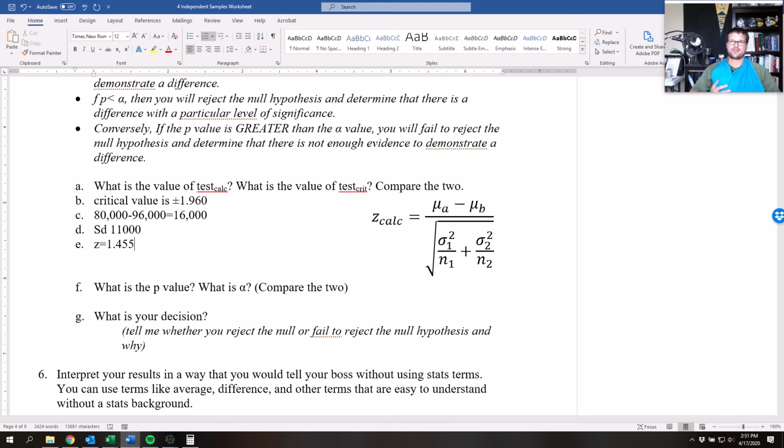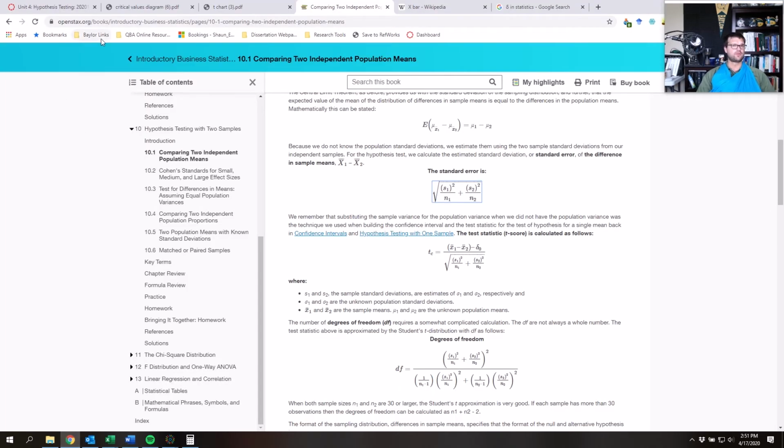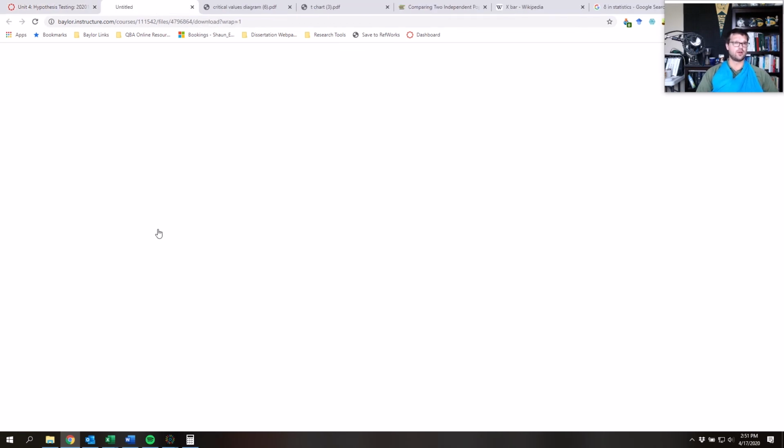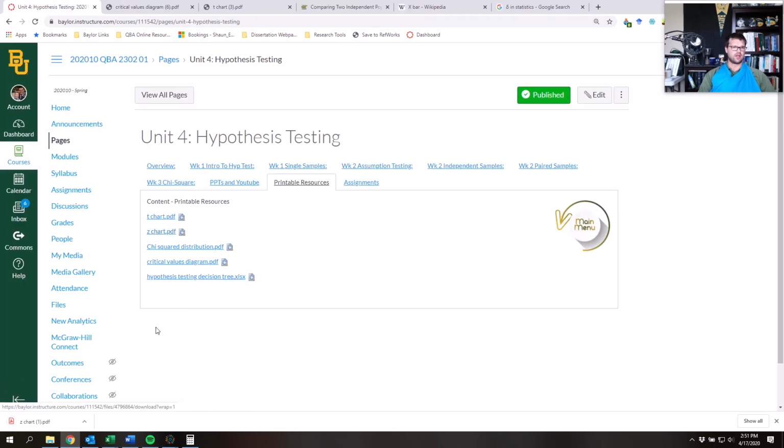So we've got a z value of 1.455, and in order to determine the probability of that, we're going to get the Z chart and open this up, and we're going to say, okay, what is the probability?